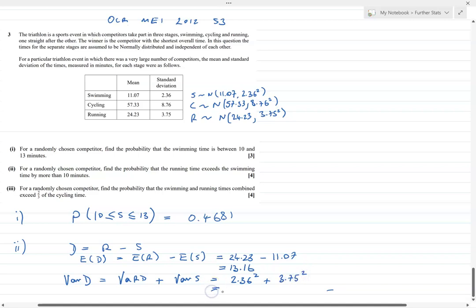And that comes to 19.6321. So that's the variance.